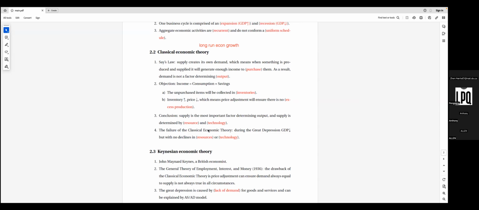Let's say the life expectancy is 80 years. So you will live for 80 years, and the time interval we are considering here is an annual time interval.